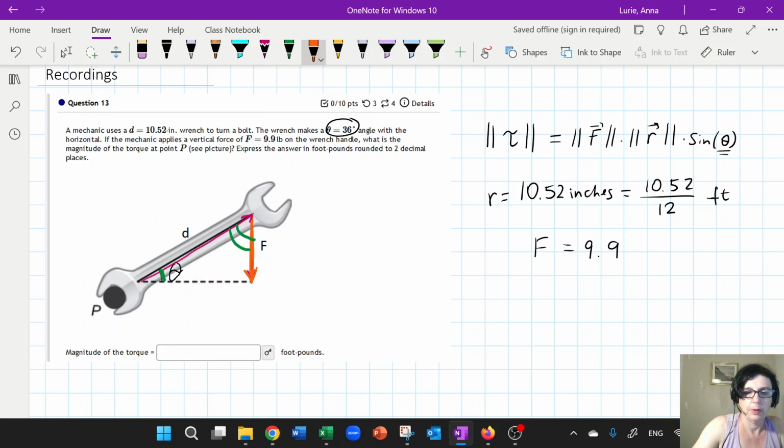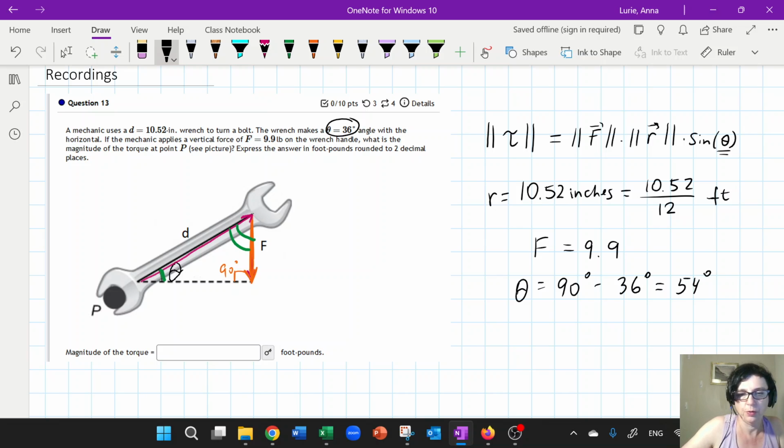This angle right here is 90 degrees, and as you know, the sum of the angles is 180. So the angle that I'm looking for, between D or R, whatever you call it, and F, is really 90 minus 36. So our angle theta in my notation is really 90 degrees minus 36 degrees, which is going to be 54 degrees.